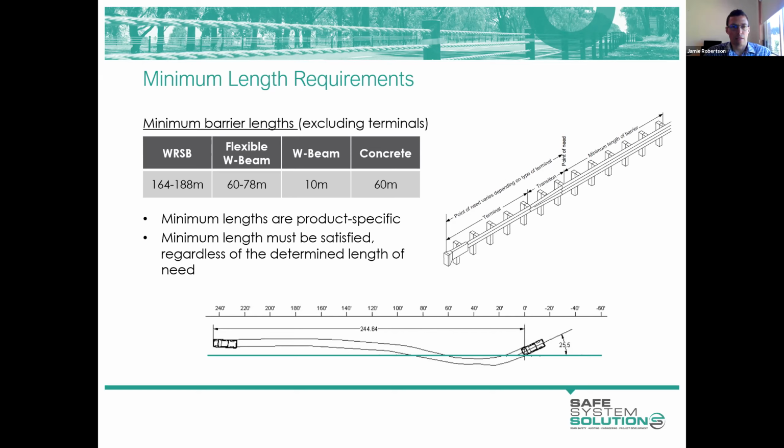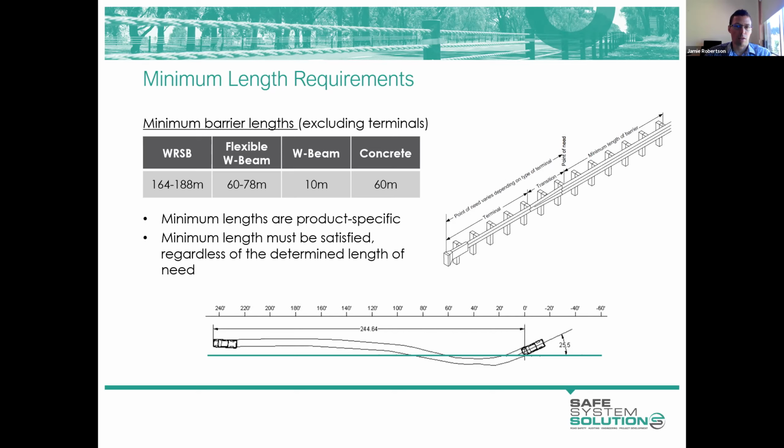And it is often the case that we do drop below these minimum lengths. I don't encourage it, but there are situations where we have to, and it's a better outcome to provide a barrier that doesn't meet these than not to provide a barrier at all. I stress that these are based on a specific impact condition, high speed, high impact angle.